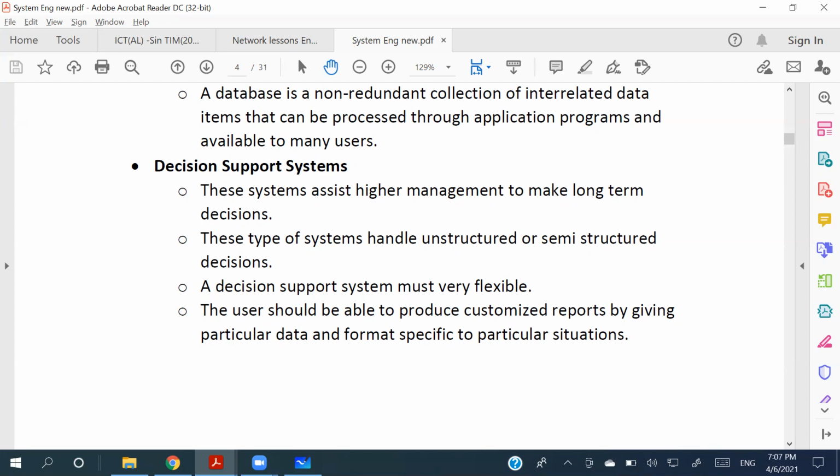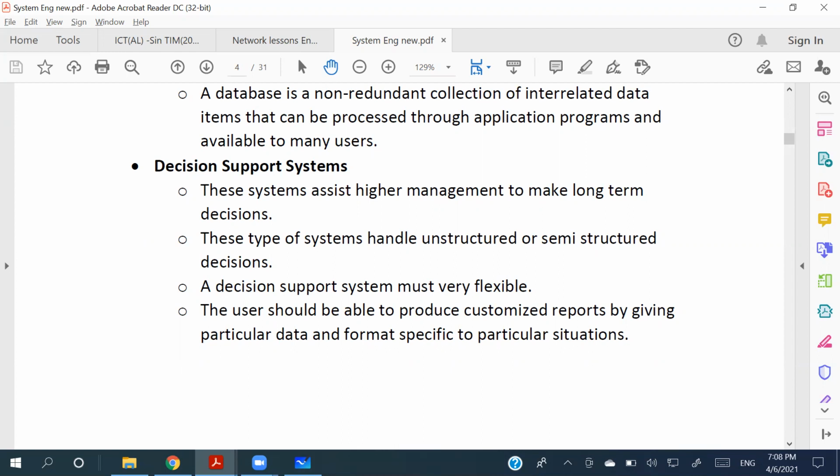And the decisions that cannot be made at the lower level management are given to the higher level management to make, right? So when the higher management needs to make decisions, DSS can be taken as a help again.